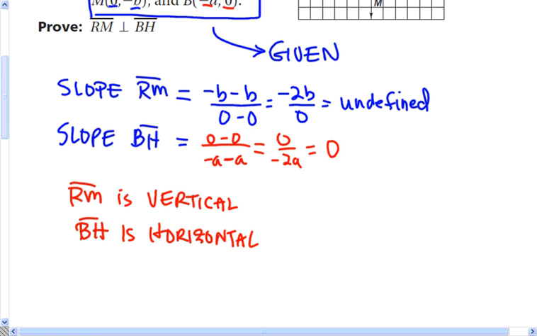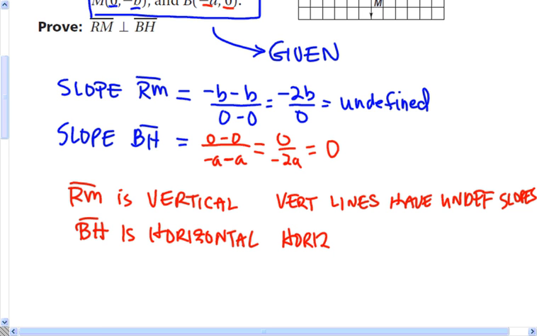All vertical lines or segments have undefined slope, and all horizontal lines have zero slope.